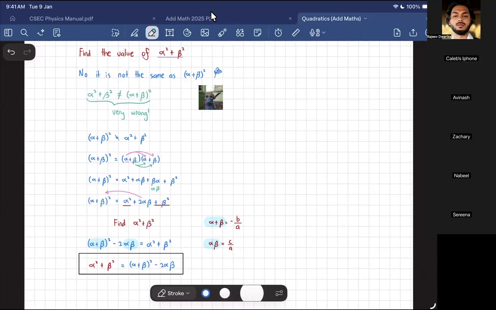Because in that instance you would have to multiply it by itself 3 times. That would be a very tricky binomial expansion.